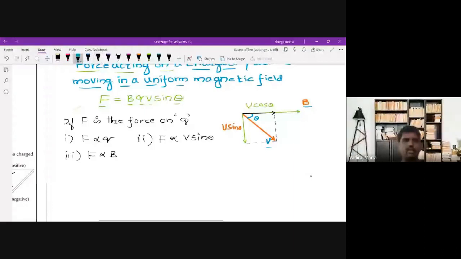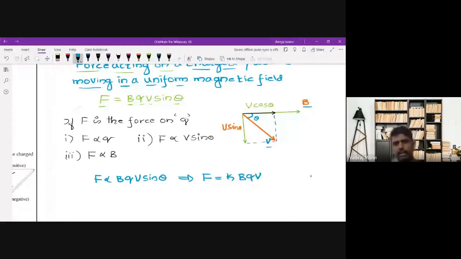Now, if I combine all this, I can write F is proportional to BQV sin theta. Or this implies, whenever we remove the proportional sign, we will put some proportionality constant K into B, Q, V sin theta.